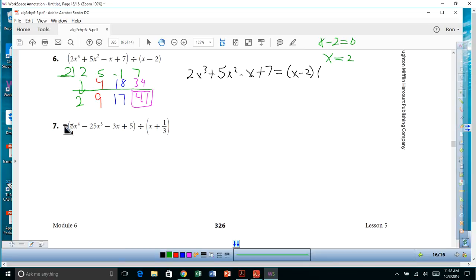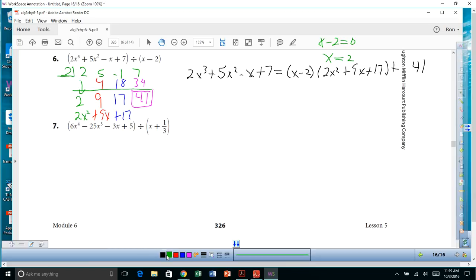That is 2x squared, because you divided out an x squared, plus 9x plus 17, and then your remainder of 41. So we've got 2x squared plus 9x plus 17, and then plus, and I'll write it over here, 41.